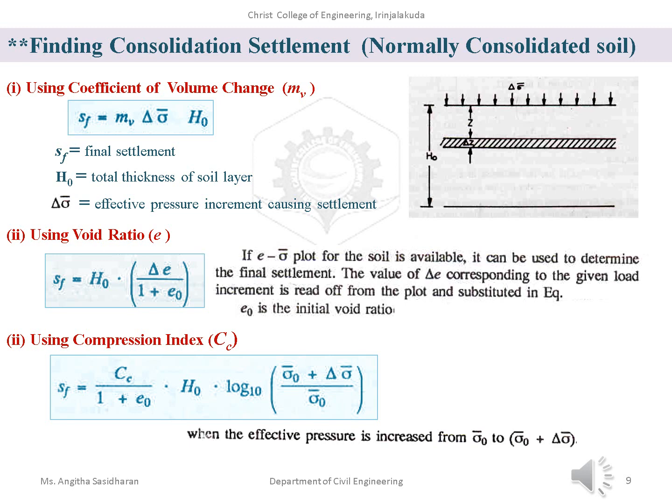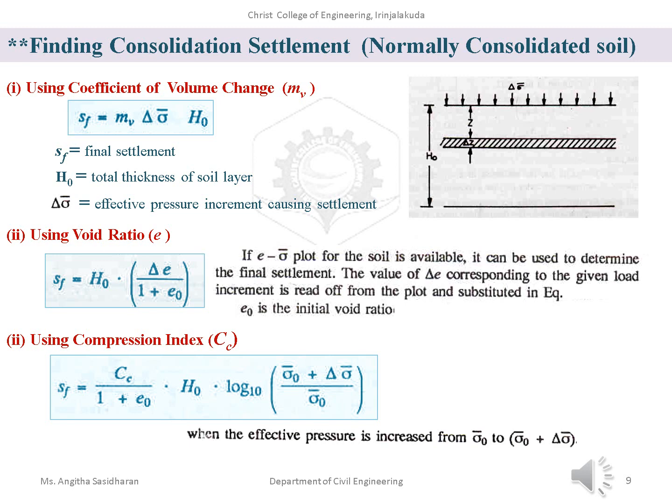SF is equal to H0 into delta E divided by 1 plus E0. If the E sigma bar plot for the soil is available, this equation can be used to find the final settlement. The value of delta E corresponding to the given increment is read off from the plot and substituted in the equation, where E0 is the initial void ratio. And if you know the compression index, CC value, remember the compression index is the slope of the virgin compression portion, applicable to normally consolidated soil, where the E-log P curve is almost linear.